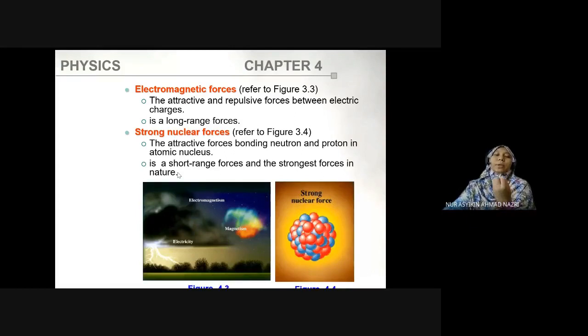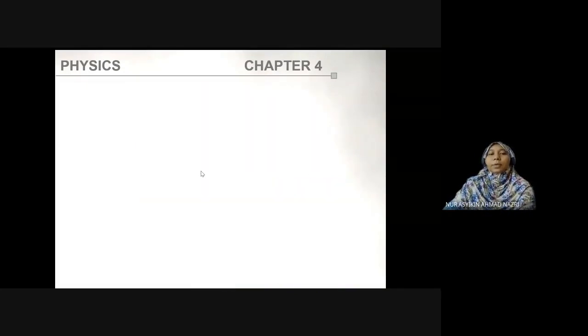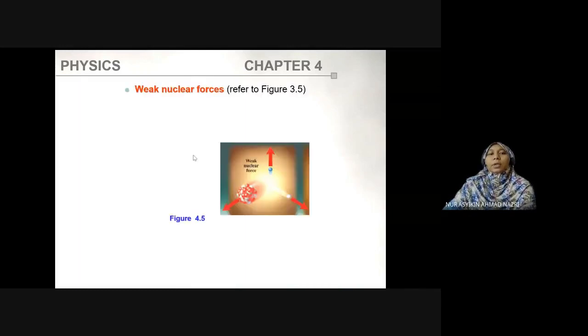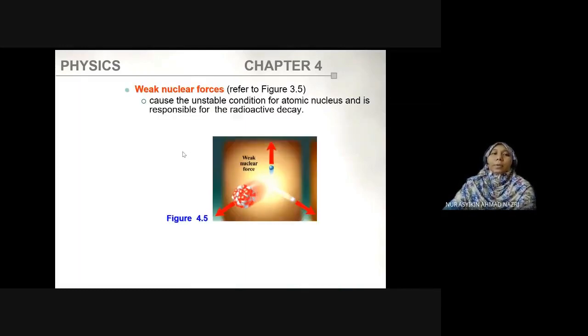Dia between positive and positive, tapi positif tu bersatu, sekumpul kat tengah-tengah. Sampai satu tahap dia boleh jadi aktif. That's why kat situlah terjadinya bom nuklear.